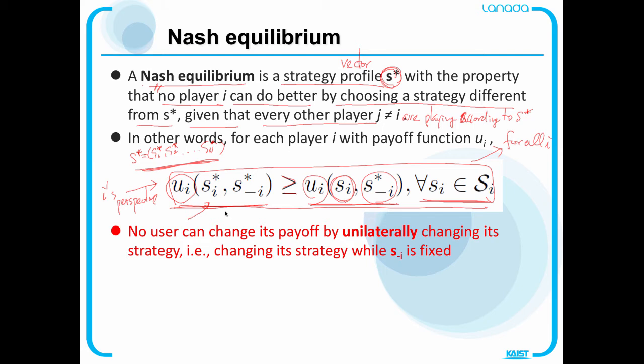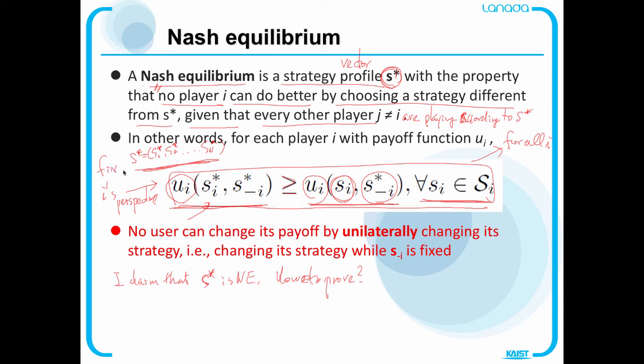So the question is, I claim that some strategy S star is a Nash equilibrium. How can we prove that? You claim that some strategy S star is a Nash equilibrium. How are you going to prove it?